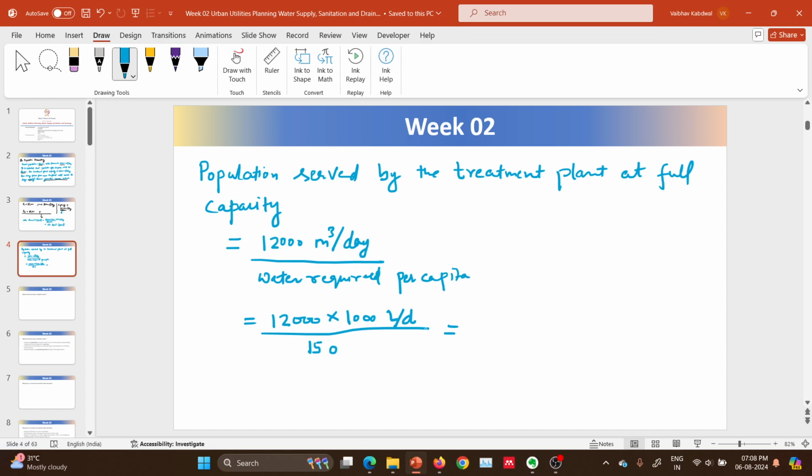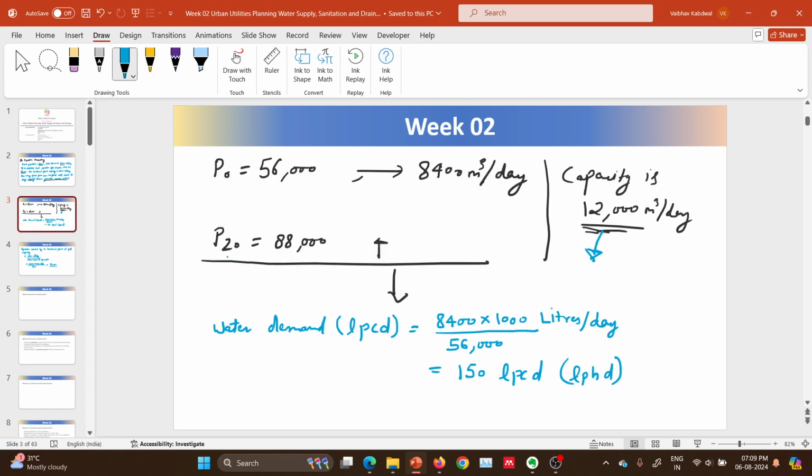So how much is the population? Let's calculate it. The population comes out to be 80,000.